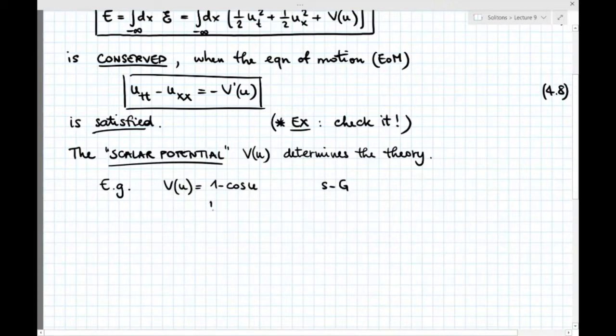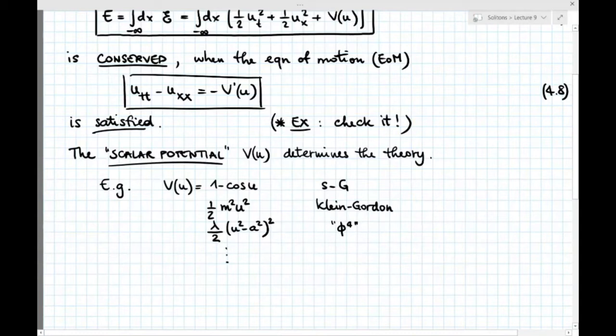It's equal to 1/2 m squared u squared for Klein-Gordon, and it's equal to a quartic polynomial, say lambda over 2 times u squared minus a squared, where lambda and a are parameters, all squared, for the so-called phi to the fourth, or rather here we should call it u to the fourth theory, and so on.